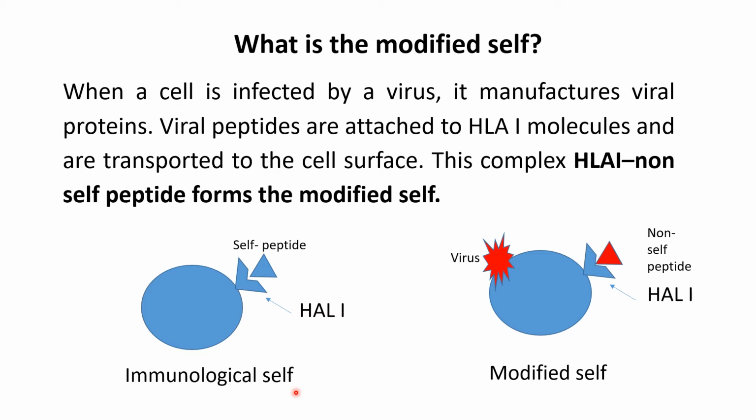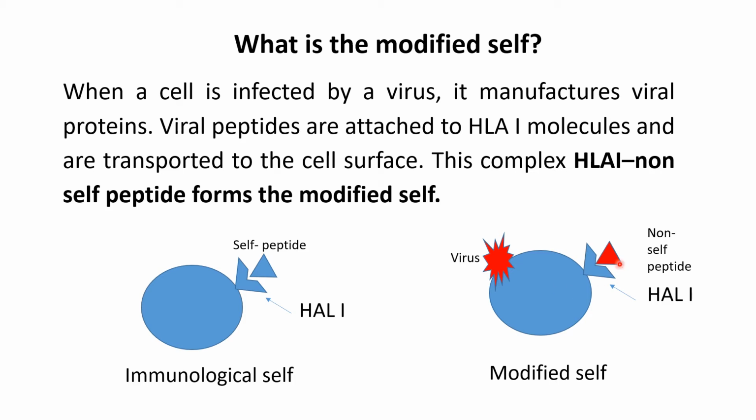Now, what is the modified self? This cell, which is a self cell of your body, is, let's say, infected by a virus. So this virus, when it enters inside the cell, produces viral peptide.